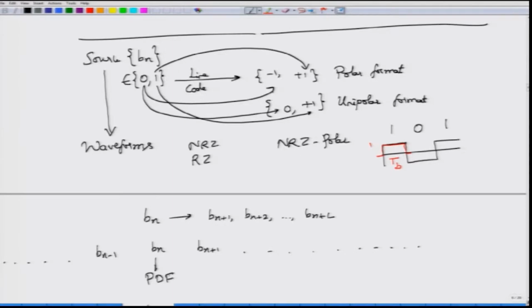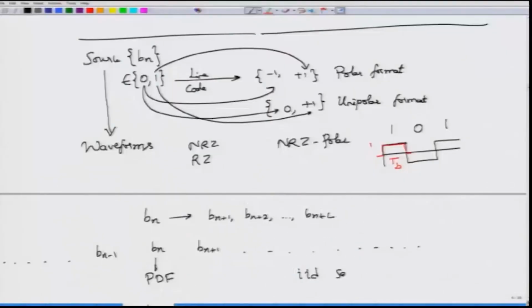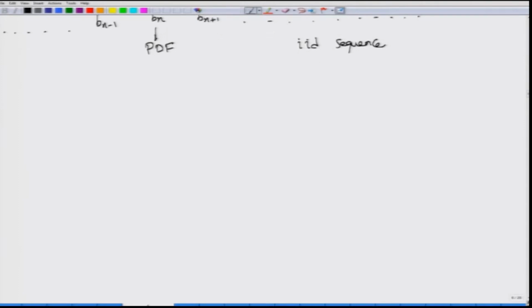So, this entire sequence, which is nothing but a sequence of random numbers identically distributed but occurring independently, is called an IID sequence. An IID sequence is an independent and identically distributed sequence. We are going to assume an IID sequence. So, we will assume that this sequence Bn keeps being generated every TB seconds, and you are going to multiply this Bn with an appropriate pulse.